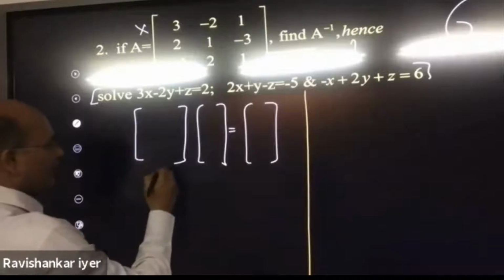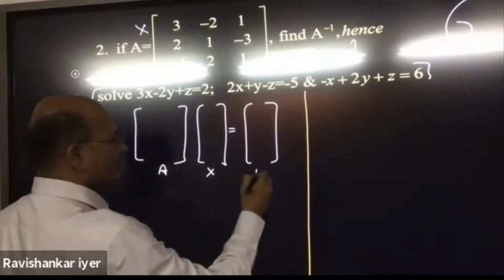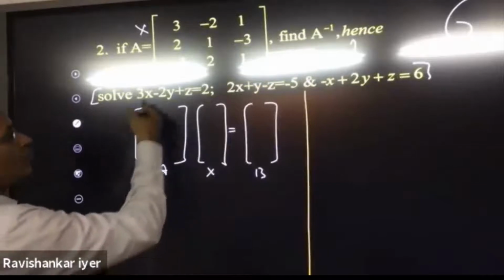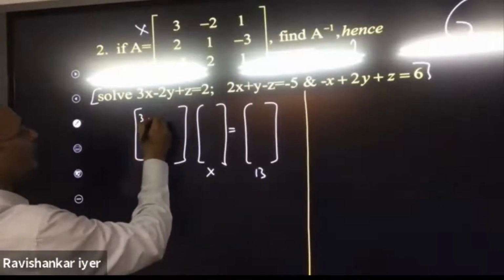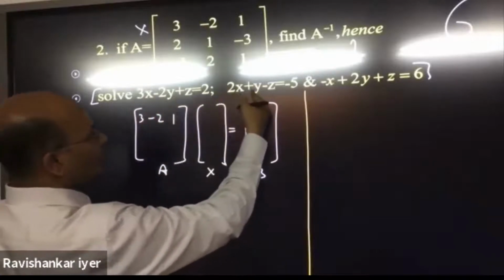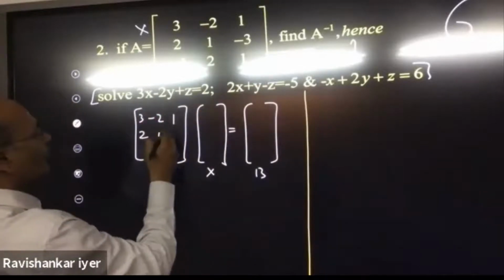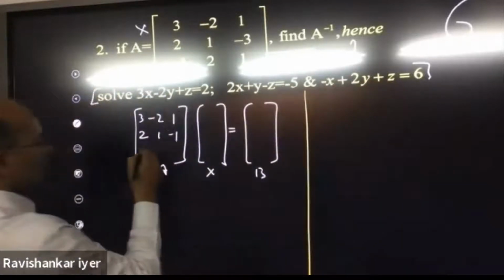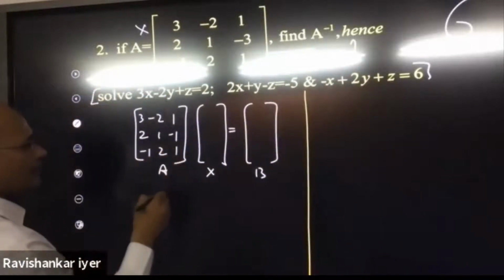This is A, this is X, and this is B. This is the coefficient matrix. So write the coefficients: 3, -2, 1; 2, 1, -3; -1, 2, 1.